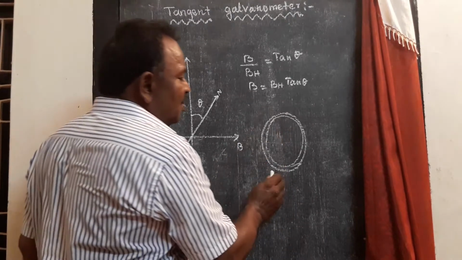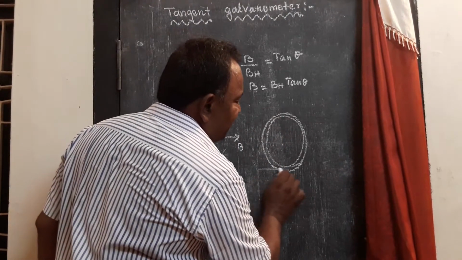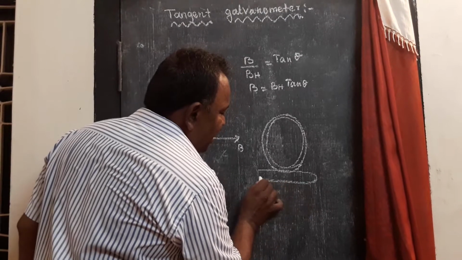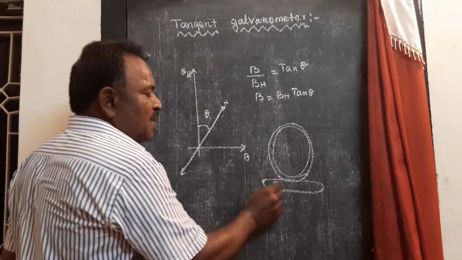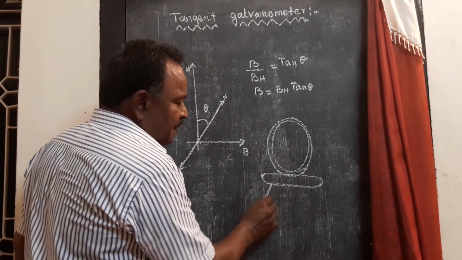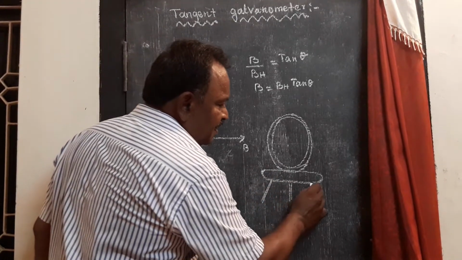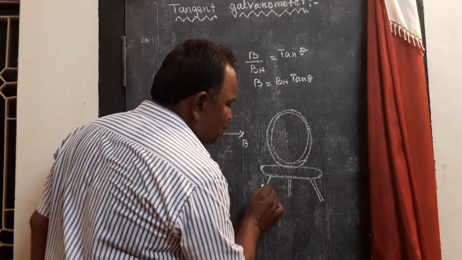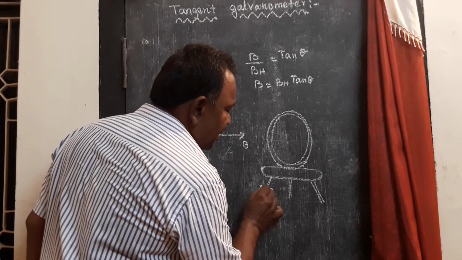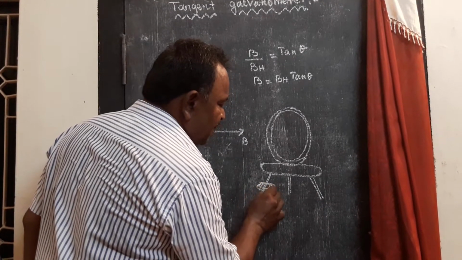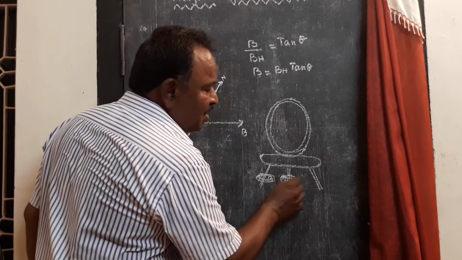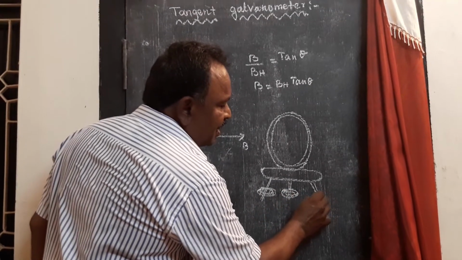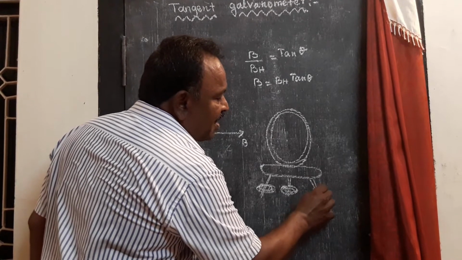So this circular coil is fixed vertically to a rotating round table. This table is having 3 leveling screws. The 3 leveling screws are used to level the circular table so that the table is perfectly horizontal.